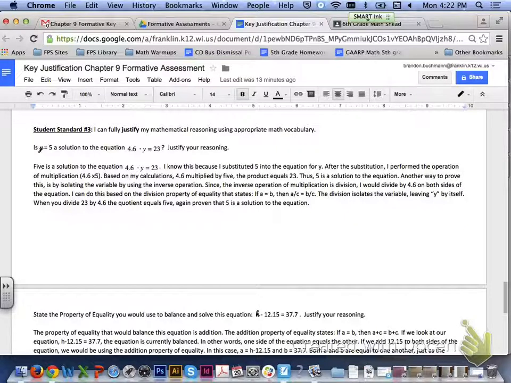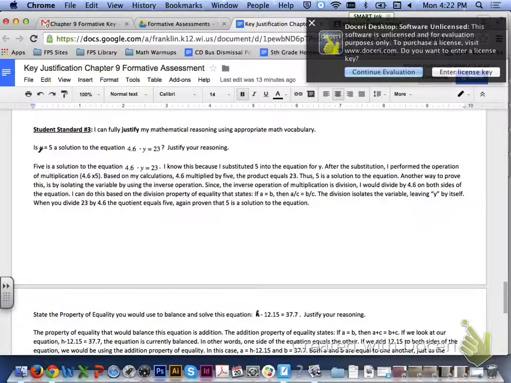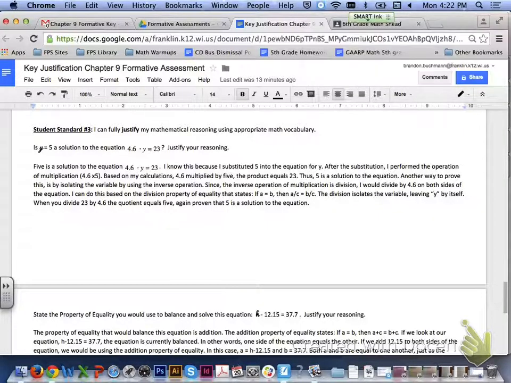I can do this based on the division property of equality that states if A equals B, then A divided by C equals B divided by C. The division isolates the variable, leaving y by itself. When you divide 23 by 4 6/10, the quotient equals 5. Again, proving that 5 is a solution to the equation.